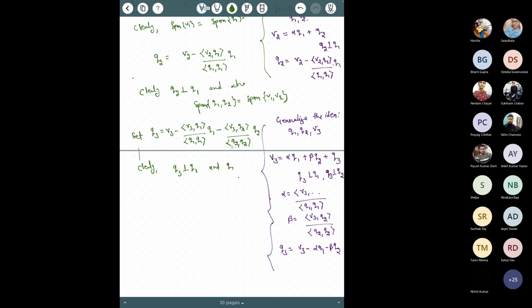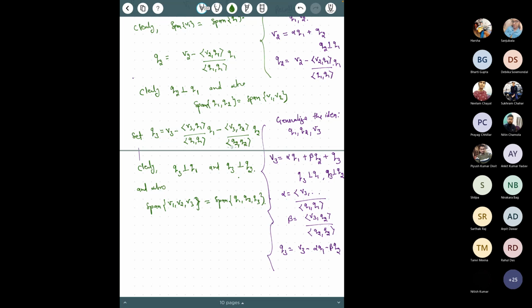So q1, q2, q3 form an orthogonal set, and you can check that the span of v1, v2, v3 is equal to the span of q1, q2, q3.